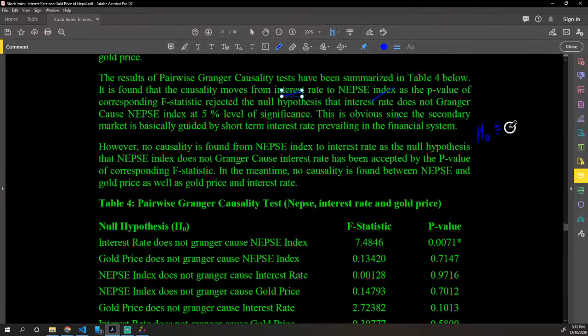H naught over here was what? Interest rate does not cause NEPSE, right? So this was rejected at 5% level of significance.